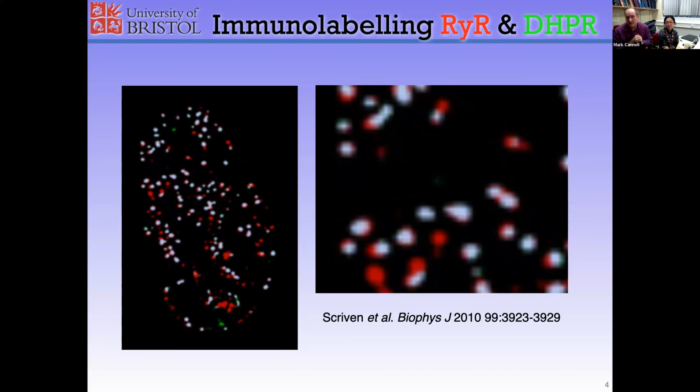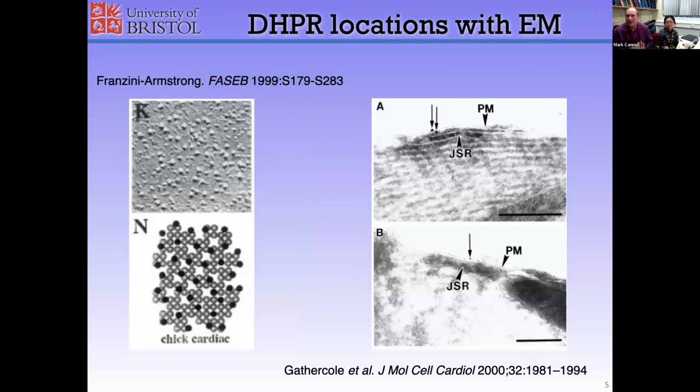And although we had tried to quantify the number of ryanodine receptors quite a long time ago on the basis of the size of these blobs of ryanodine receptor labeling, it's something that's actually extremely difficult. I mean, better methods have come along, which I'll talk about in just a moment. If you try to improve the resolution by using electron microscopy, then in principle, you might be able to see where these proteins are.